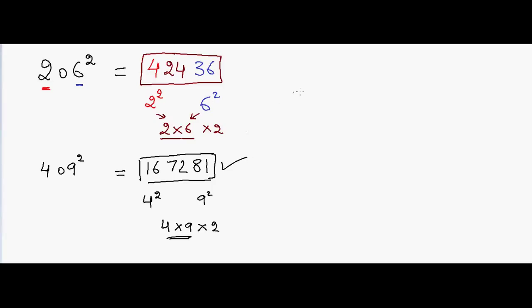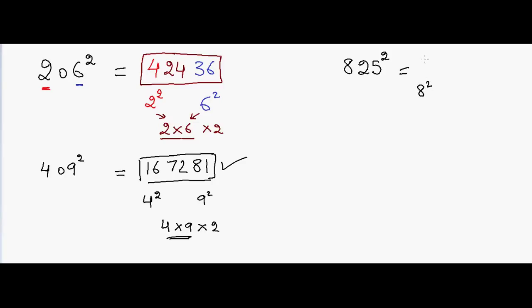Now if we have something which is bigger, I will give you an example of a carryover. Suppose I have 825 and I want to do a square of this number. This will be a little different, but the approach will be the same.